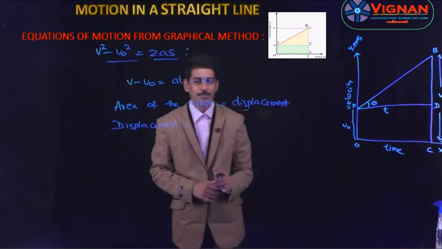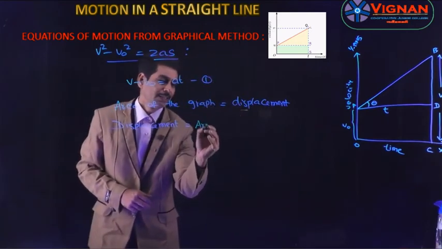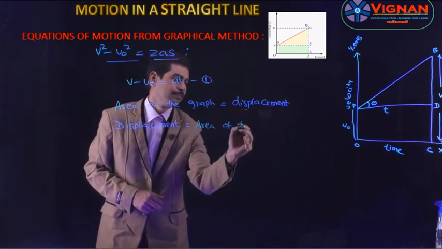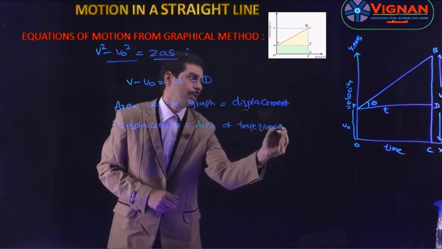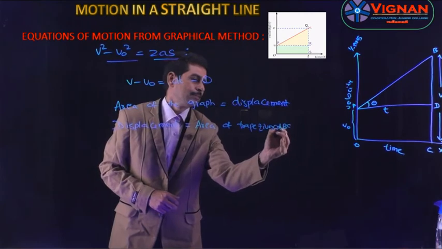It becomes a trapezium. So here we are finding the area of trapezium OABC.